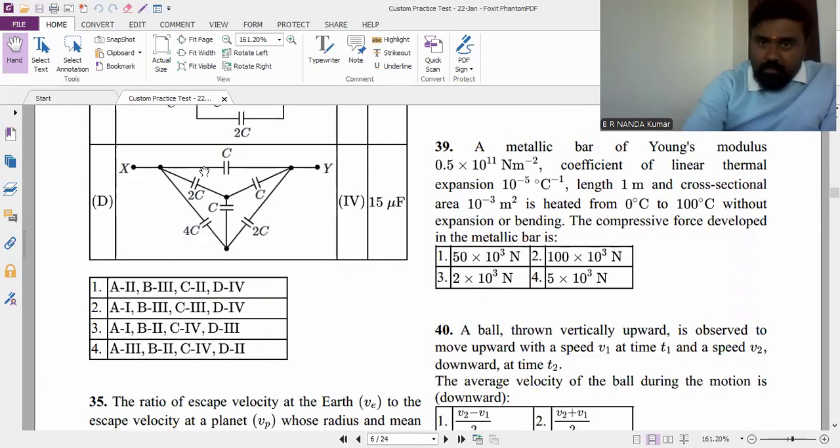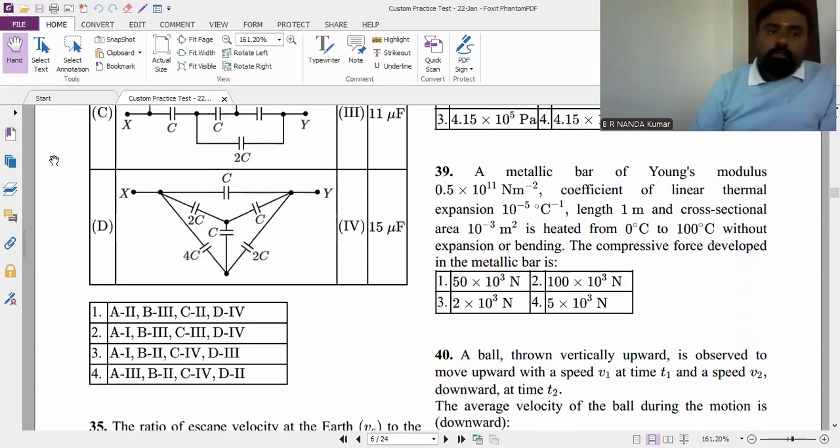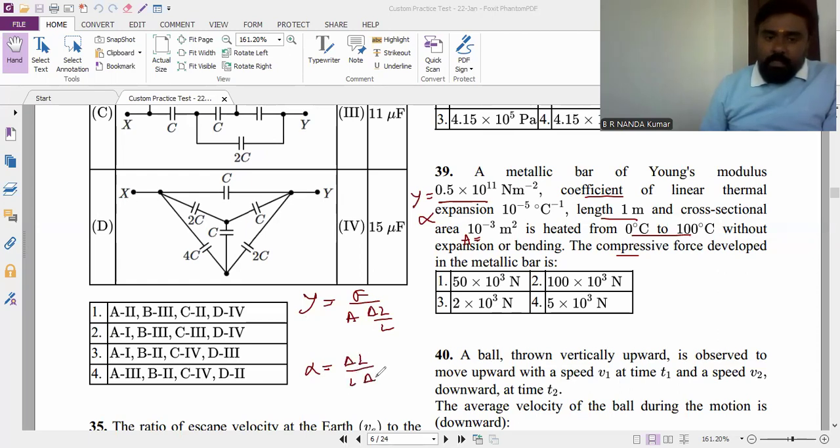Next, question number 39. A metallic bar of Young's modulus 0.5 into 10 power 11 Newton per meter square. The coefficient of linear thermal expansion alpha is given, Young's modulus is given, length is given, area of cross section is given, and change in temperature. We have to calculate the compressive force F. The formula is Y equals F divided by A into delta L by L. Alpha is the coefficient of linear thermal expansion, the change in length per unit length per degree rise in temperature.